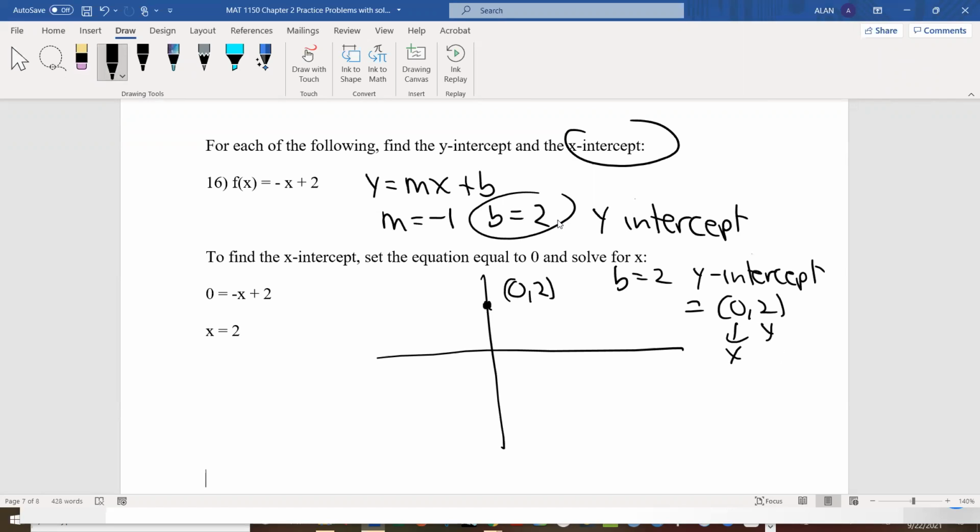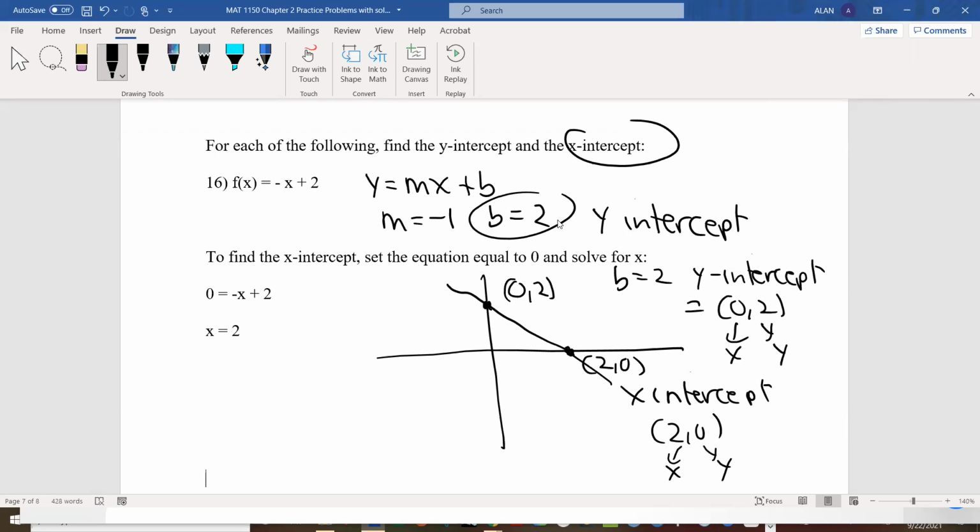What about the x-intercept? It's the other way around. This is where the function crosses the horizontal axis, which means this is where y is equal to 0. So the x-intercept means that the first point is x, and the second point, the y, is guaranteed to be 0. So when we connect these, you can see the slope is negative.